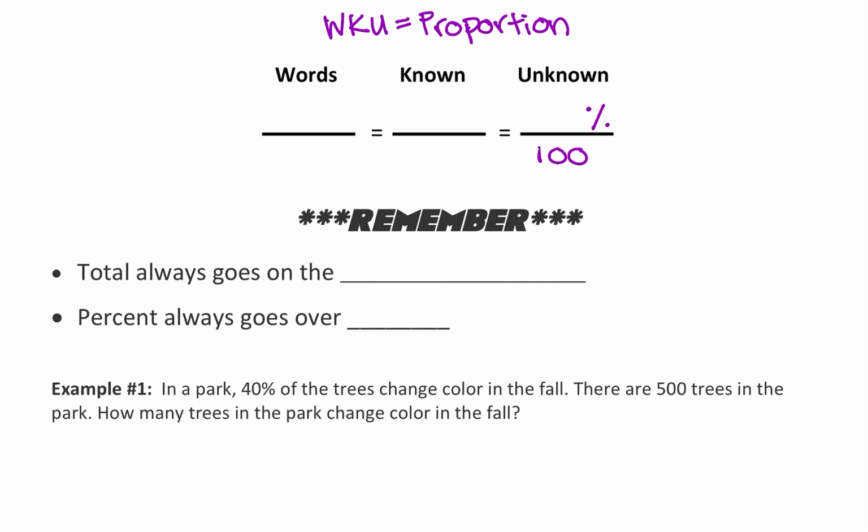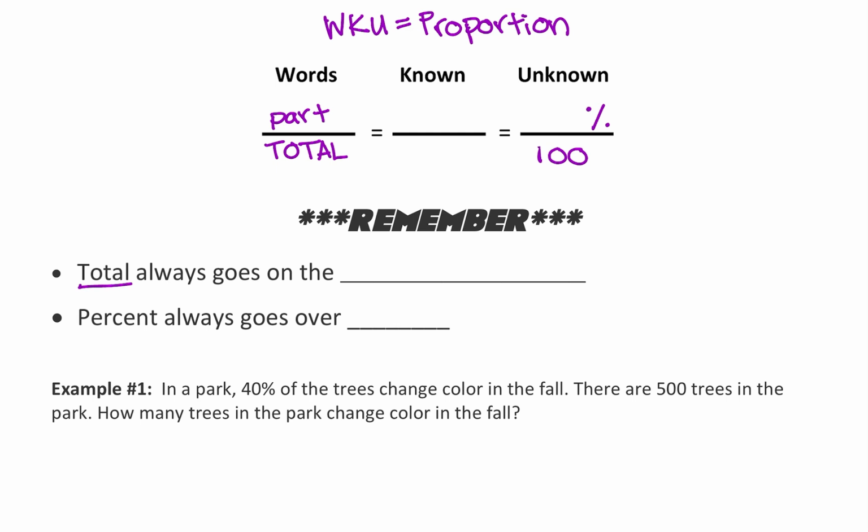That never changes, okay? And then the words are going to be my part, because this is a fraction, and then my total goes on the bottom. And this always stays the same. Total, part, percent, 100.